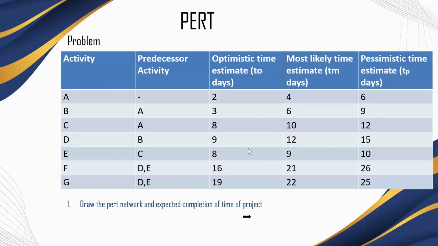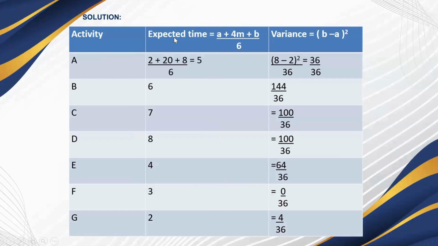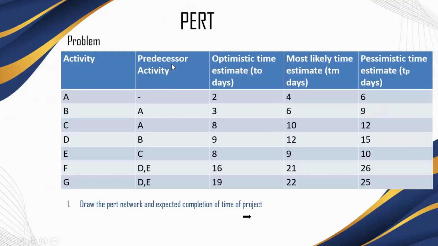There is a formula for solving this type of question, and these are the estimated times. The formula is A plus 4M plus B upon 6.